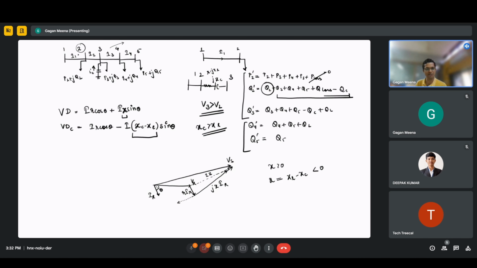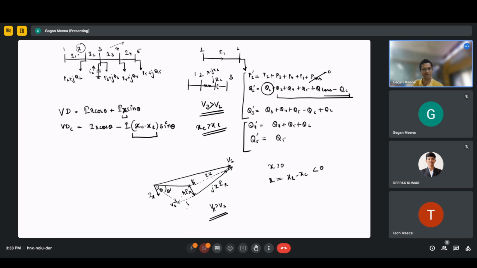And you will see Vs will be now, okay, you can clearly see here, VR is greater than VS here, right?